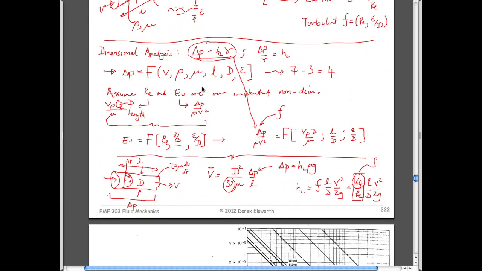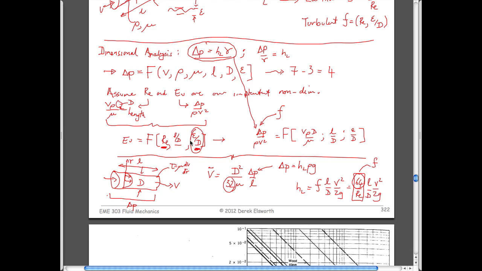And so, armed only with that, we made the conjecture that these should be the parameters that would define our behavior. And indeed, the Moody charts define behaviors in terms of an appropriate Reynolds number and an appropriate roughness. And it's the roughness that really signals the transition to turbulence.